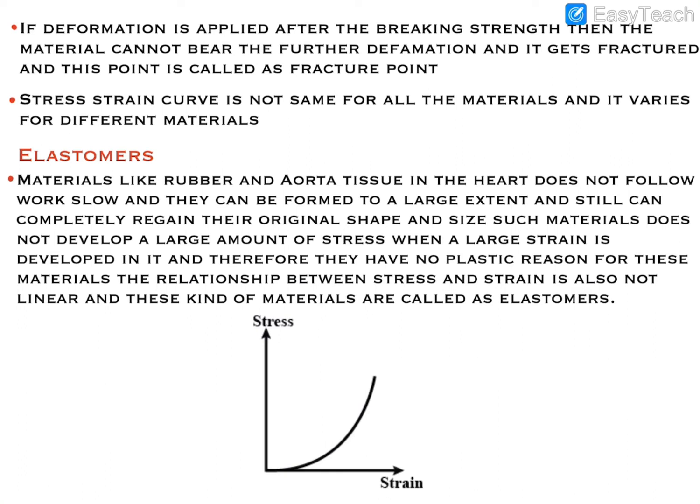So these kinds of materials are called elastomers. These materials do not have any plastic region. So what does it mean? That they will not be dragged into that region in which they could not regain their original shape or size. In fact, they can regain their original shape and size from any stage.